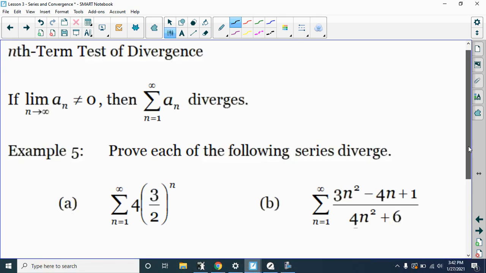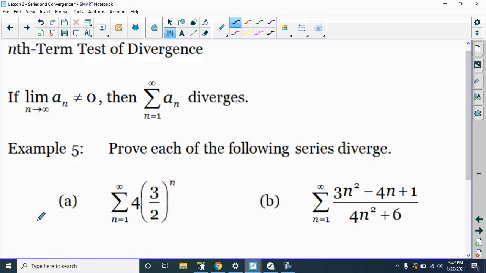So the last example here, example 5, asks us to prove each of the following series diverge. Part A says the sum as n goes from 1 to infinity of 4 times 3/2 to the n. A couple different ways you could do it. I think the easiest way is to recognize that this is a geometric series.